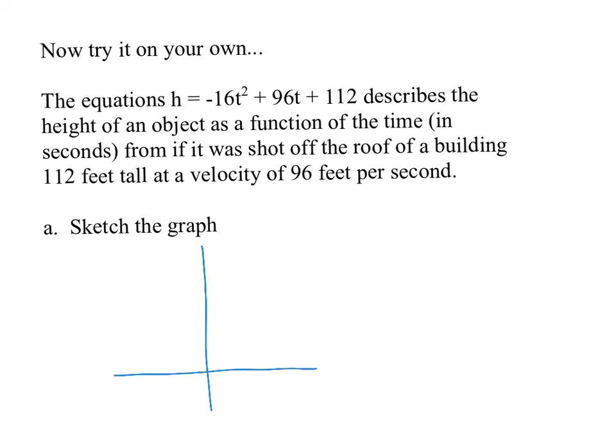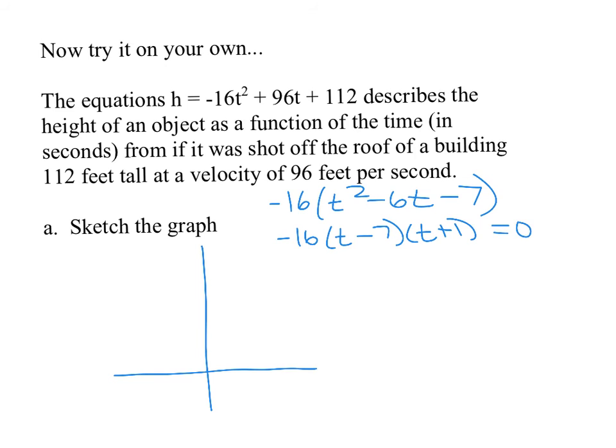All right, let's see. I'm going to factor out negative 16: t squared minus 6t minus 7. This is like the same problem. t minus 7, t plus 1 equals 0. So notice we get negative 1 and 7. That's a little weird because we can't go negative.